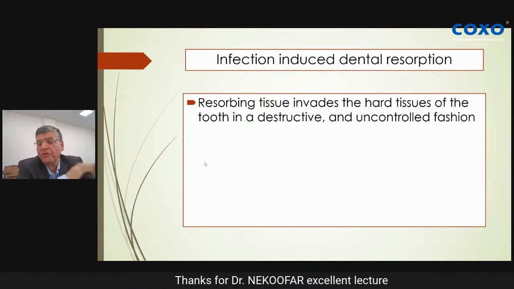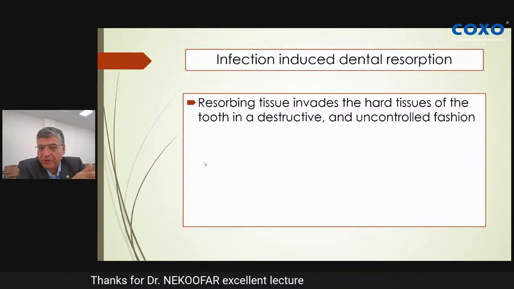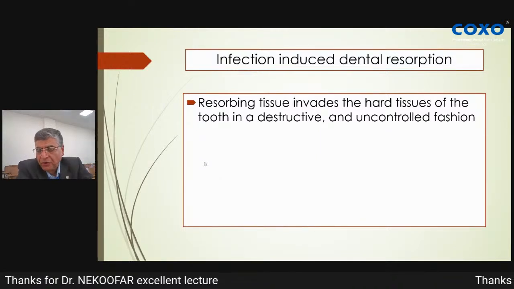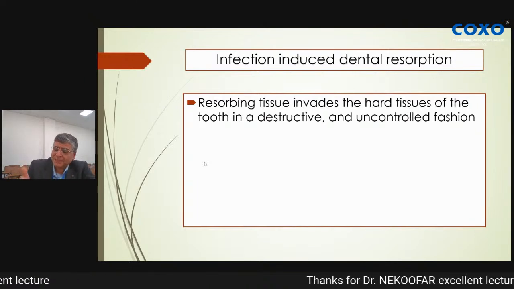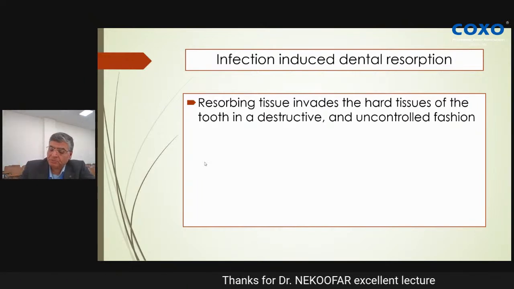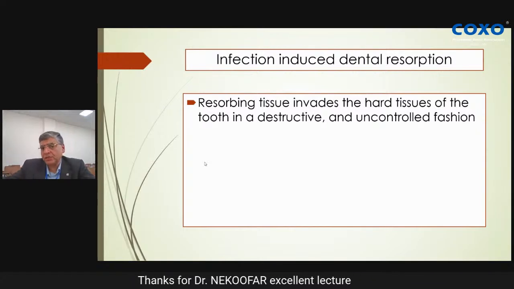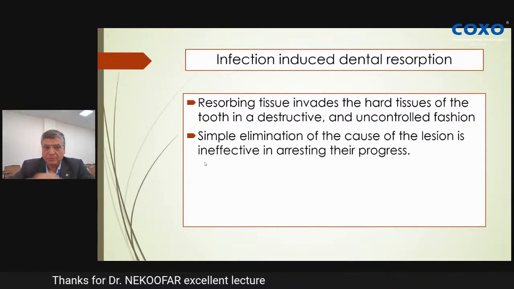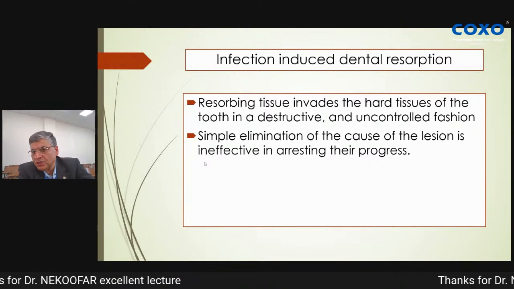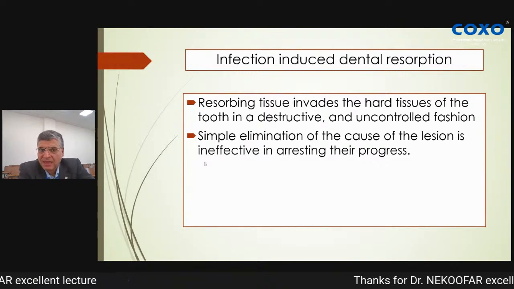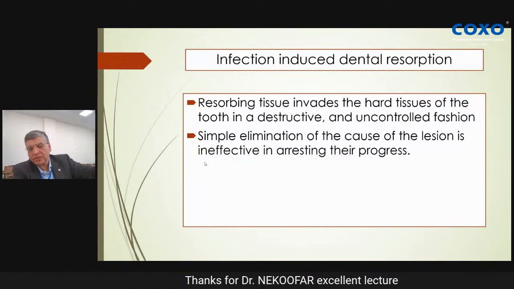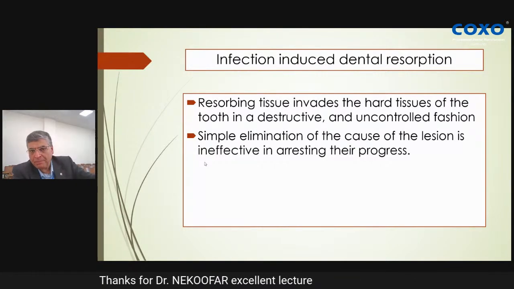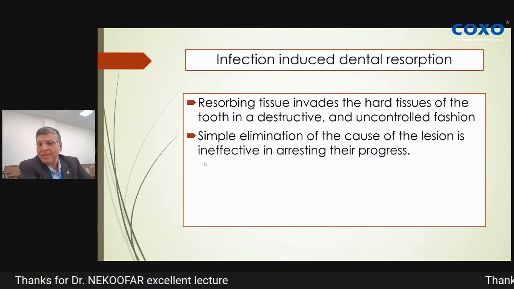Therefore, the initial diagnosis is very important. Initial treatment is very important. Prevention also is very important. Prevention means we need to do proper root canal treatment for necrotic teeth before initiation of orthodontic treatment. Simple elimination of the cause of the lesion is ineffective in arresting the progress, because usually for root canal treatment, when we have a problem, we say, okay, eliminate the cause.